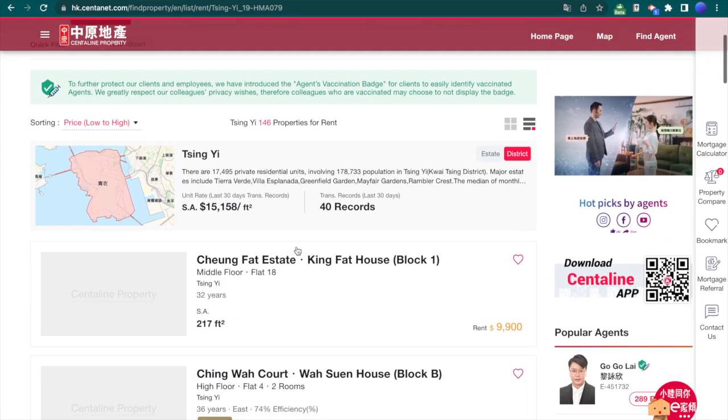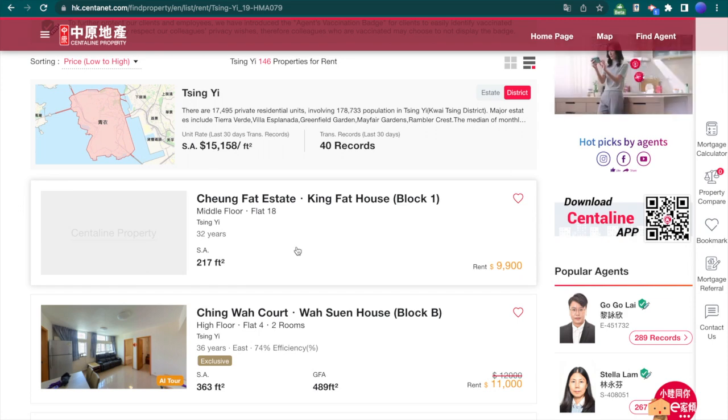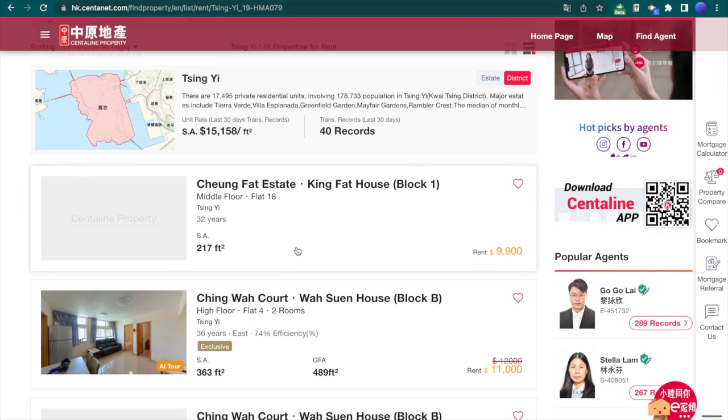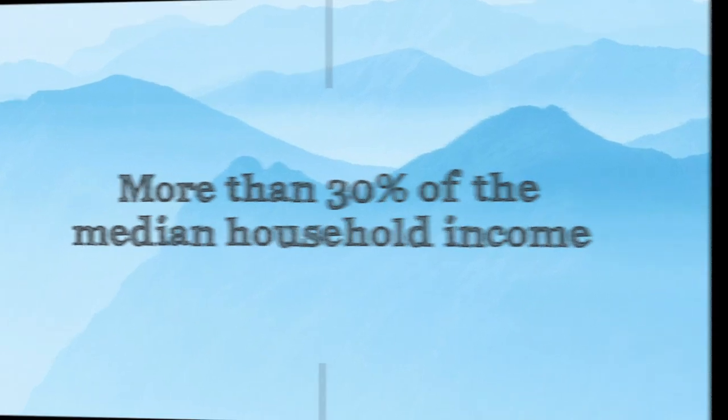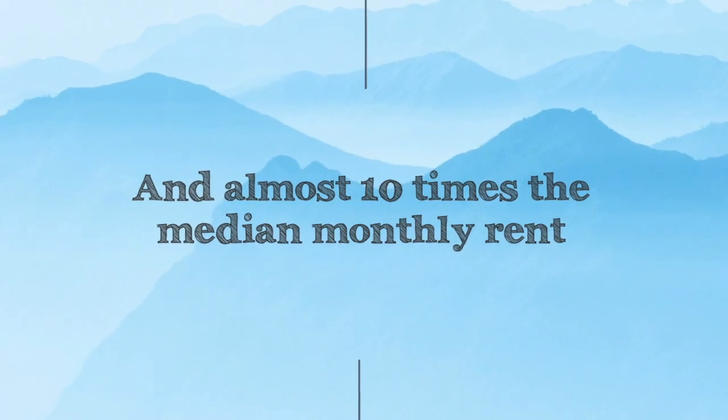The number is incredibly high, as the lowest available rental price is 9,900 Hong Kong dollars, which is already more than 30% of the median household income and almost 10 times the median monthly rent in Tsing Yi.